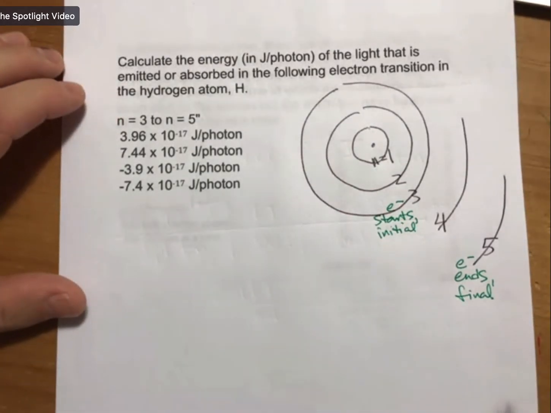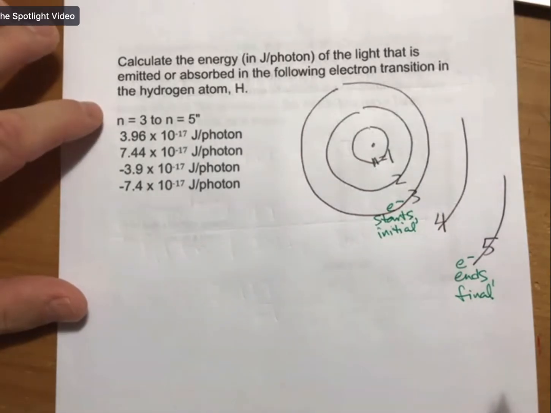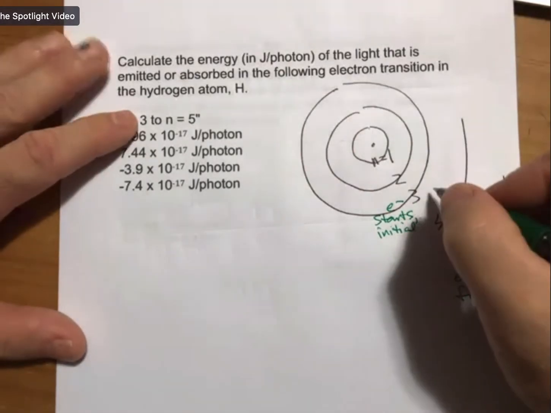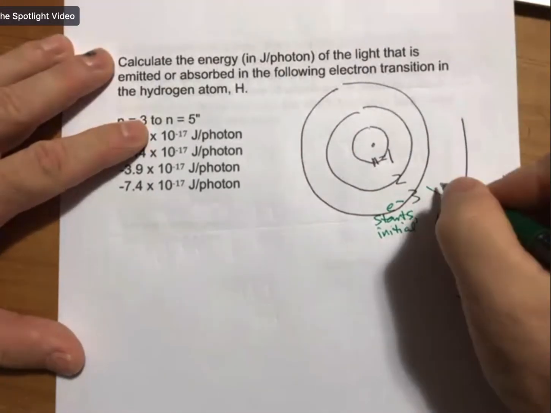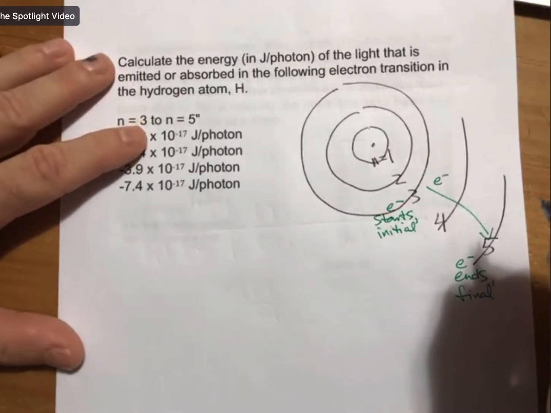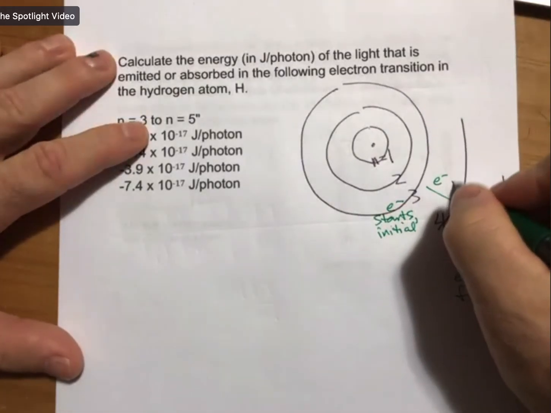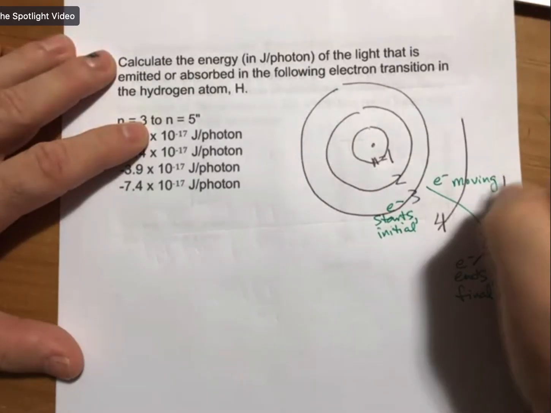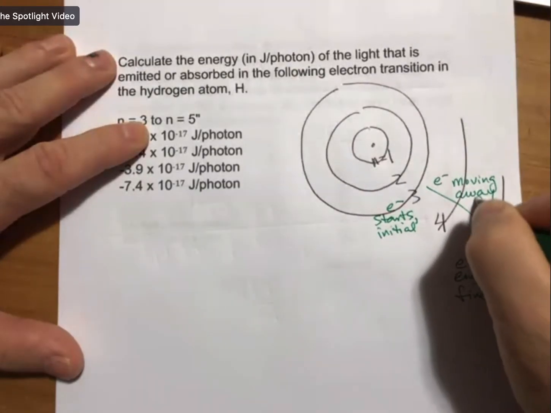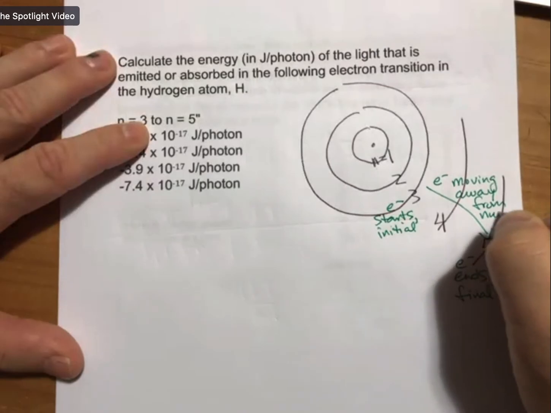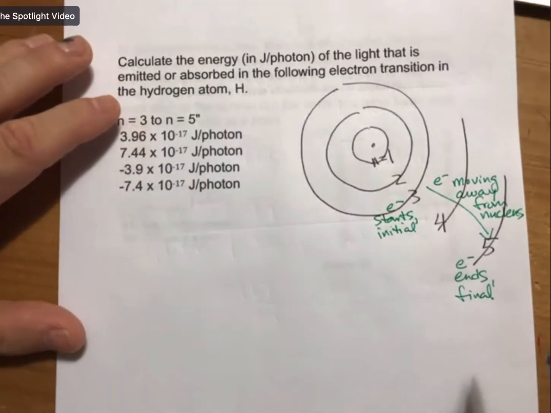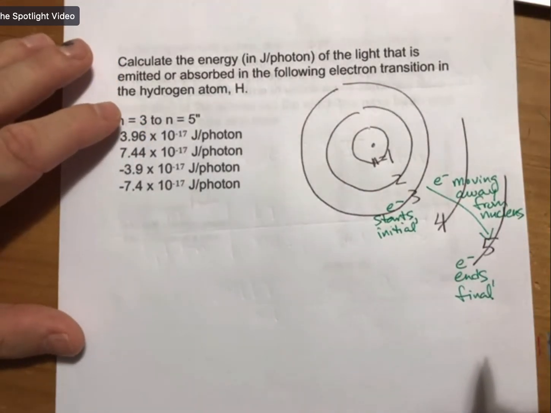Okay. And that the electron is getting farther from the nucleus. Let's just say the electron is moving away from the nucleus.